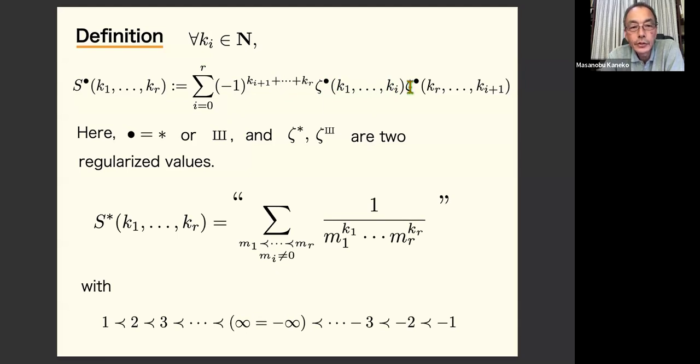So this definition is very strange looking, but the star version has an interpretation as an MZV-like sum, but this sum runs over all positive or negative non-zero integers with a strange order: 1 is less than 2, less than up to positive infinity, which is less than any negative integer, and minus 1 is the largest.